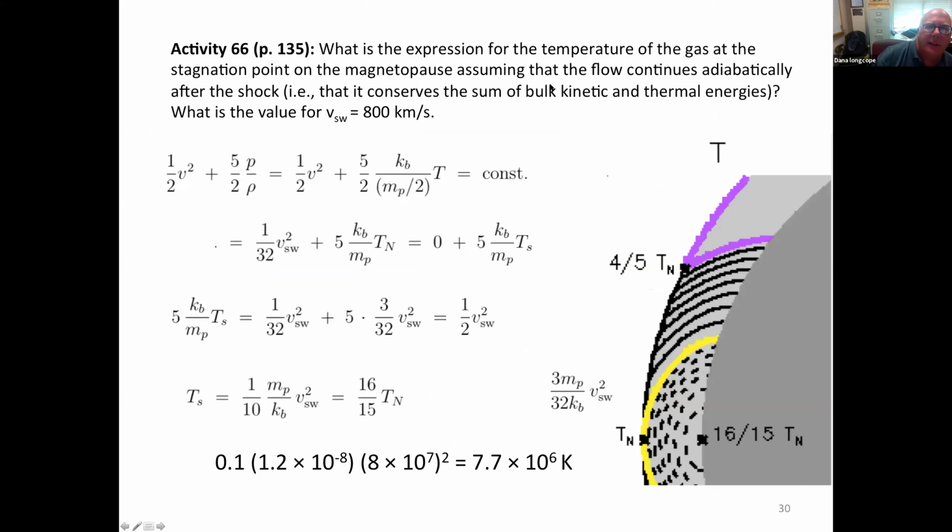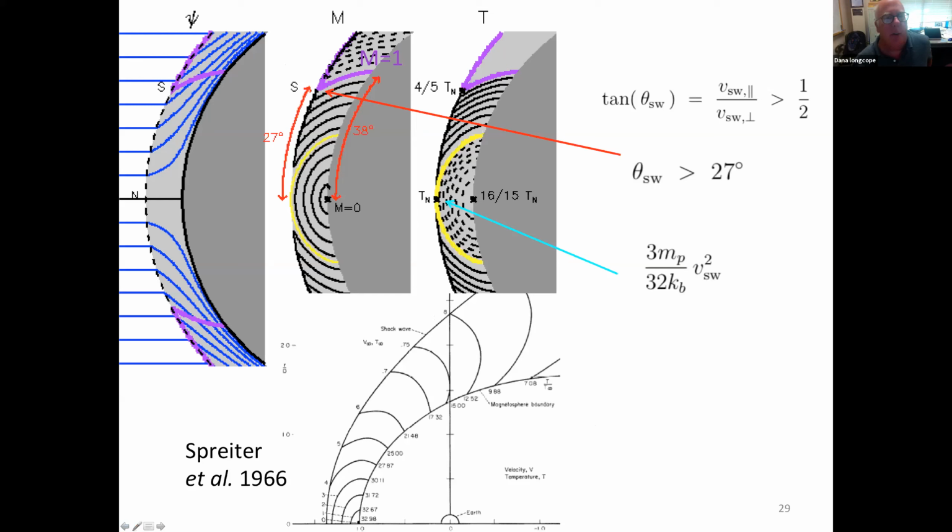There's another activity that some groups were encouraged to do, and that has to do with after you've passed the nose, you're in this subsonic region, and there's a place right at the obstacle. Here we're just thinking of this as a rigid obstacle where the flow speed is going to go to 0. When you come out here, it's only 1/4 of the solar wind speed.